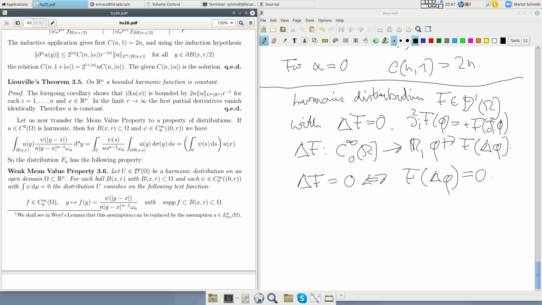Because remember, we had a regularity. The distributions were the lowest regularity, and the smooth functions are almost the highest regularity. So every harmonic distribution, so something harmonic of the lowest regularity, is automatically harmonic of the highest regularity.